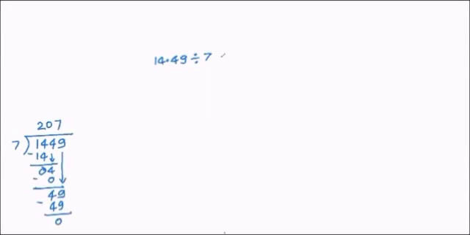So we write the answer as it is, 207, and now whatever number of digits are there after the decimal point in the dividend, we give the same number. So our decimal point comes between 2 and 0. So it will be 2.07.